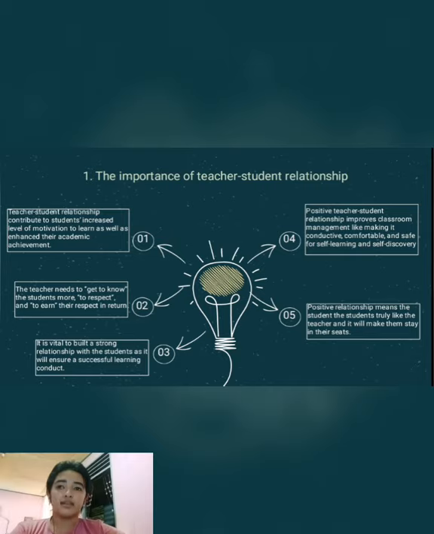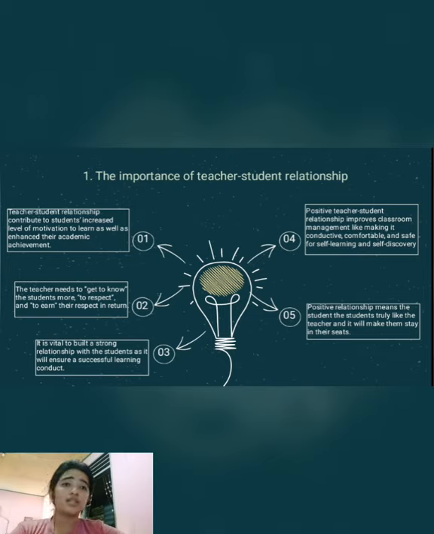The second is the teacher needs to get to know the students more to earn their respect in return. The third is it is vital to build a strong relationship with the students as it will ensure a successful learning conduct.